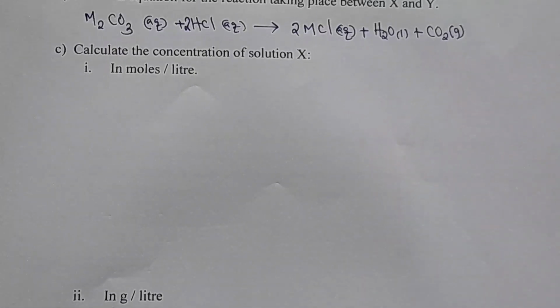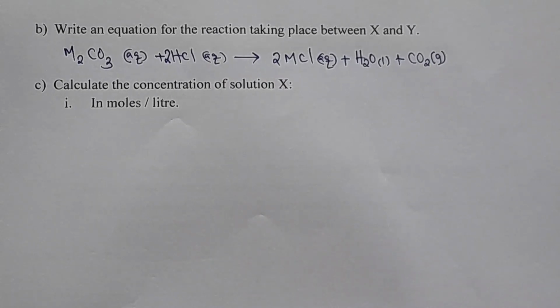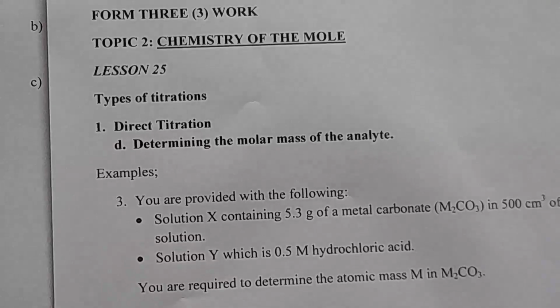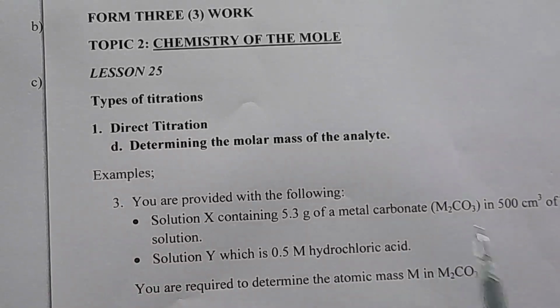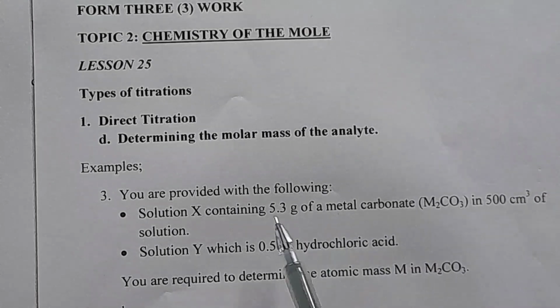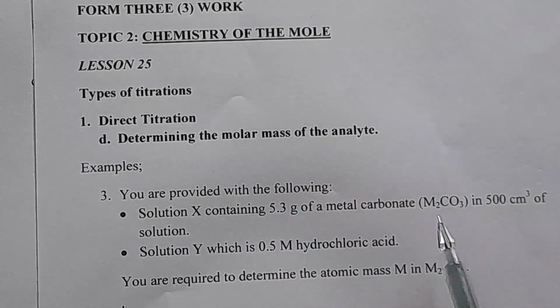We go to part C of the question. We are told to calculate the concentration of solution X in moles per liter. What was solution X? Solution X was the M2CO3, or metal carbonate. We are given only its mass, 5.3 grams of the metal carbonate in 500 centimeter cube of solution.